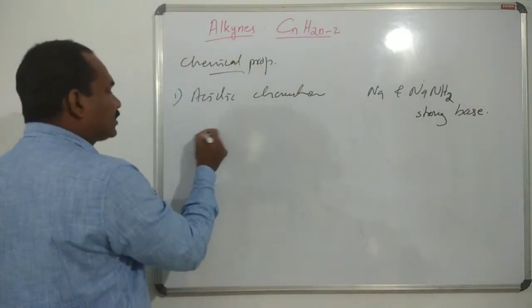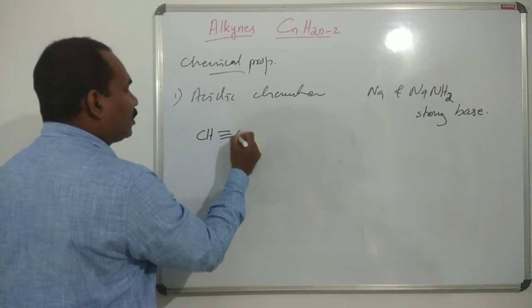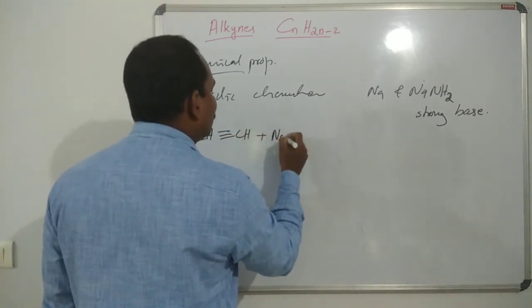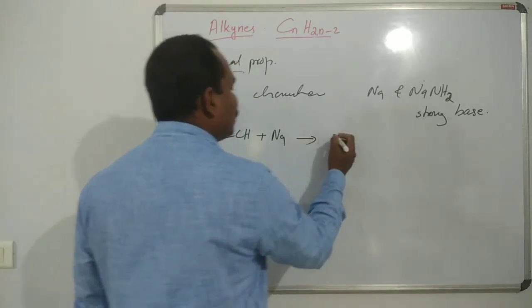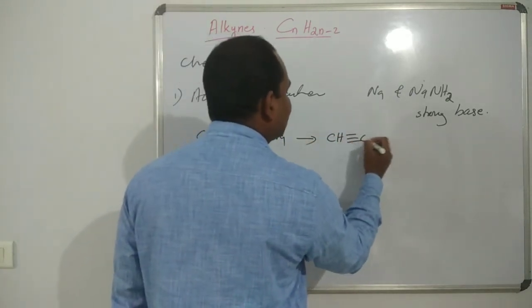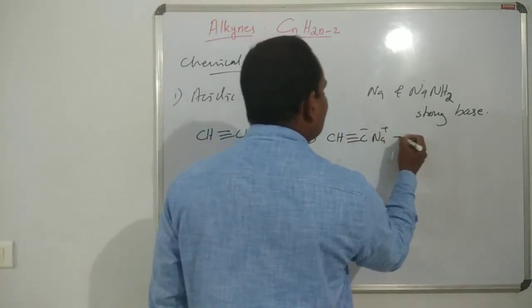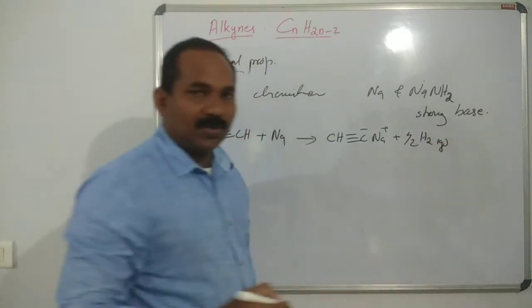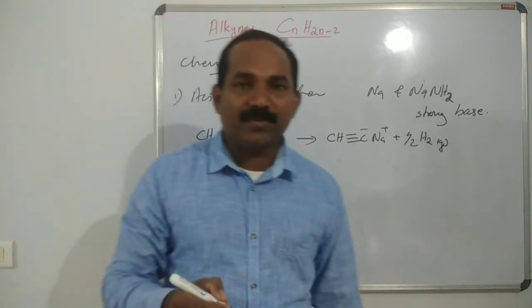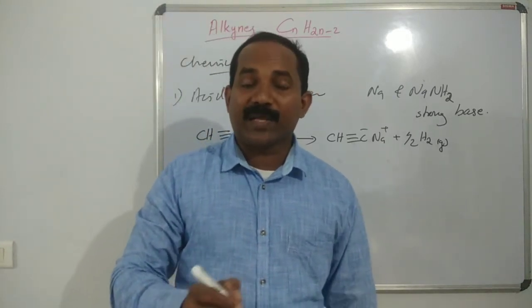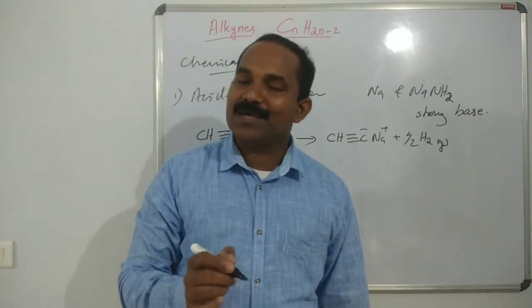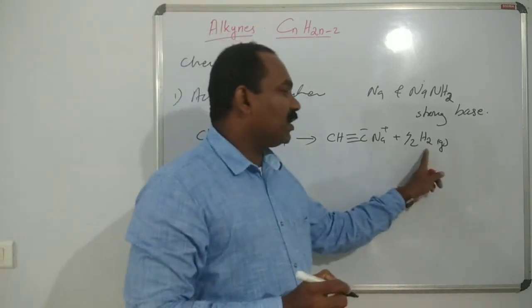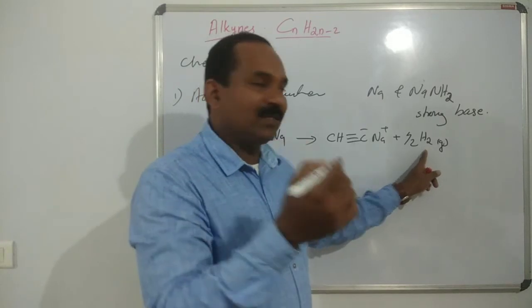Then let's take ethyne. CH triple bond CH plus sodium gives CH triple bond C minus Na plus, plus half H2 gas. As you know, the substances that react with metallic sodium and liberate hydrogen are called acids. So here ethyne reacting with sodium will liberate hydrogen gas.